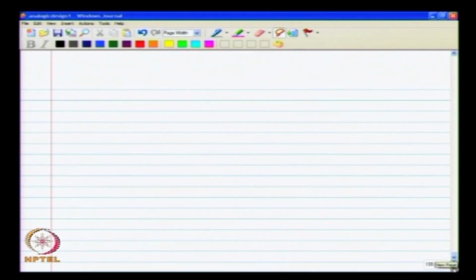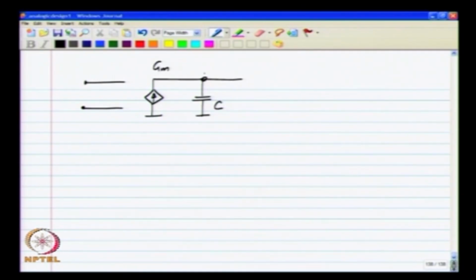So, let us see if we can build our amplifier using this. And we know that our amplifier has to look like this one.